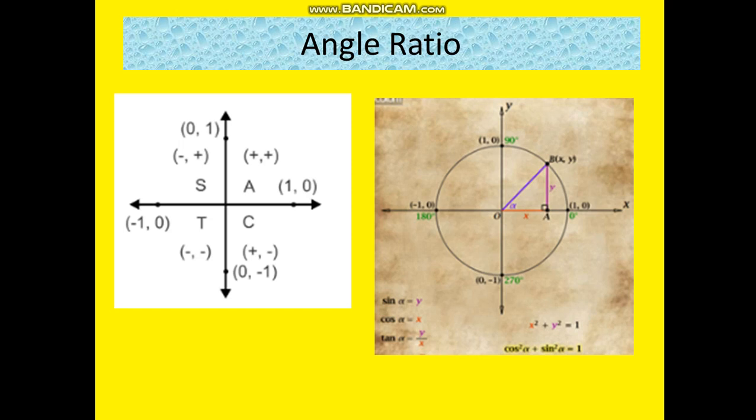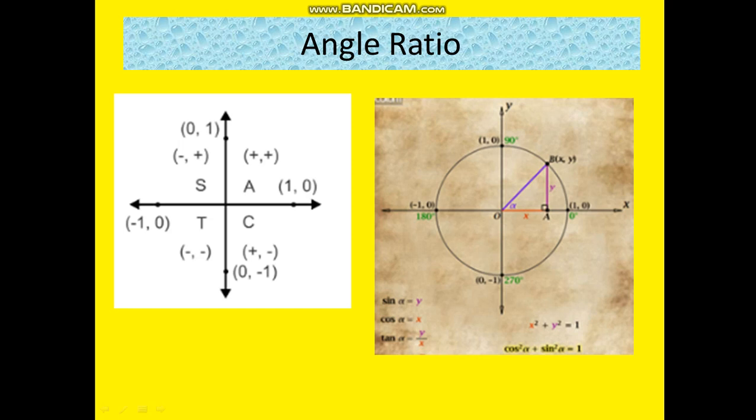Don't forget that the Pythagoras theorem and your trigonometric ratios play a very important role here. You need the previous knowledge of Pythagoras theorem and trig ratios in order to tackle problems related to angle ratio.